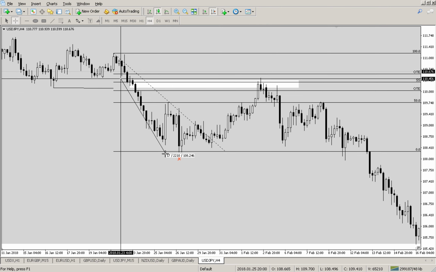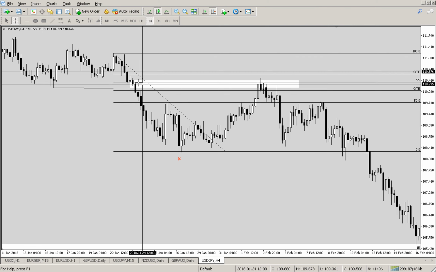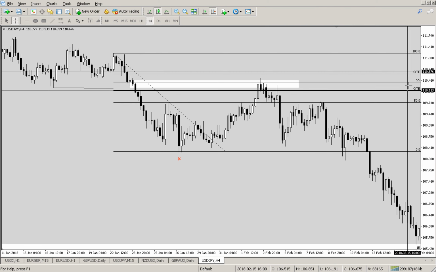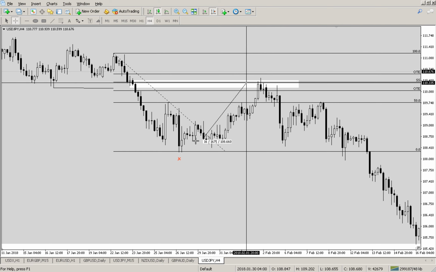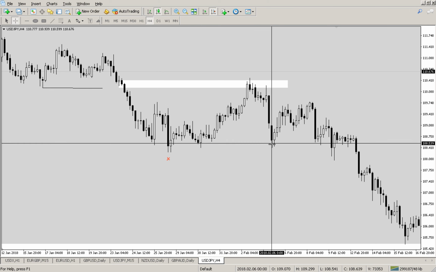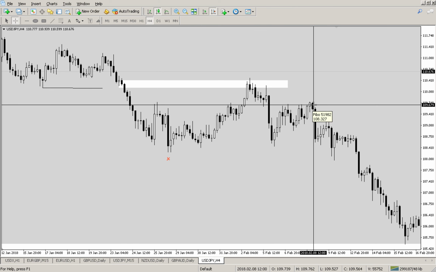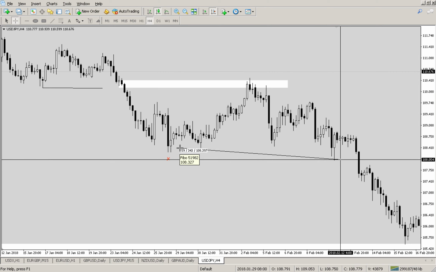So once we see that structure low break and we see a pullback inside this defined range, then what I want to see is for price to come into our resistance level, come into our optimal trade area, and then for it to go and take out the previous structure low. And as you can see in this situation, the first test we didn't get it, but we did get another retracement, and price eventually did come and take out that structure low.